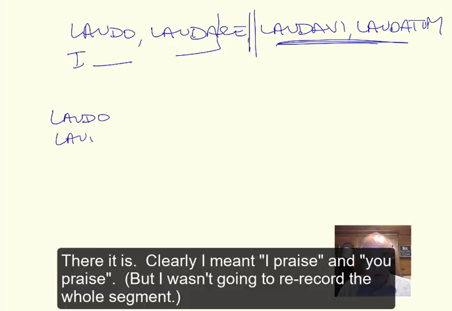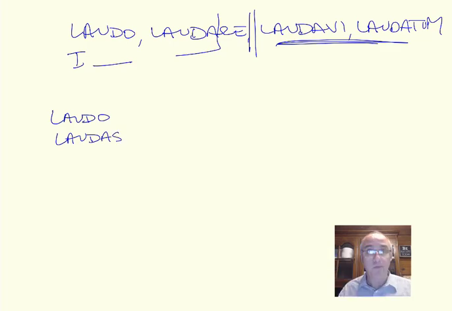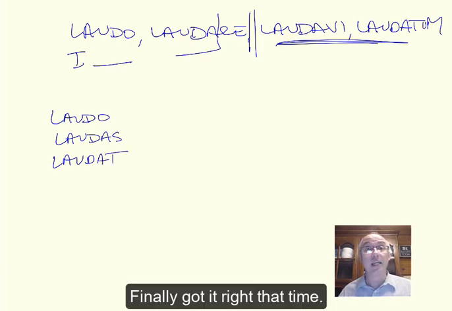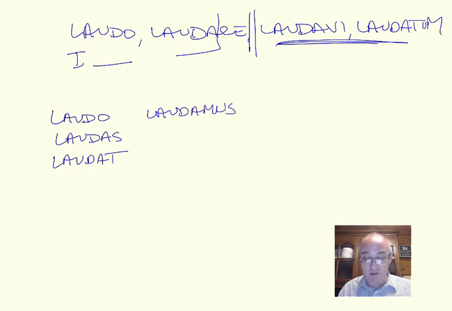You love, lauda. There's some lauda-ing going on, some praising going on. Who's doing the praising? You, singular. He is praising. Laudamus. Who's doing it? We are. Laudatis, y'all are. And laudant.